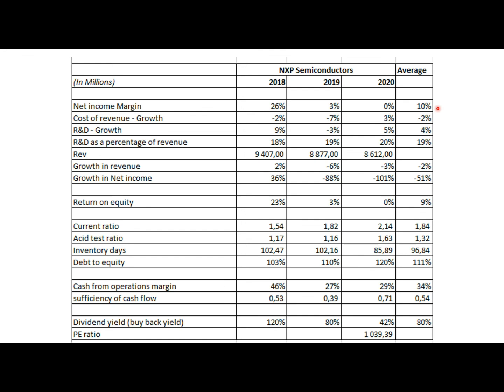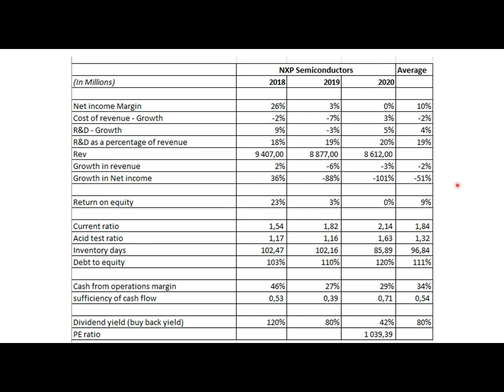Now, costs have either been decreasing or increasing at a decreasing rate right now, as a response to the difficult operating conditions. So you're not going to really spend that much on cost when you're really not growing revenue and when your margins are actually at zero.